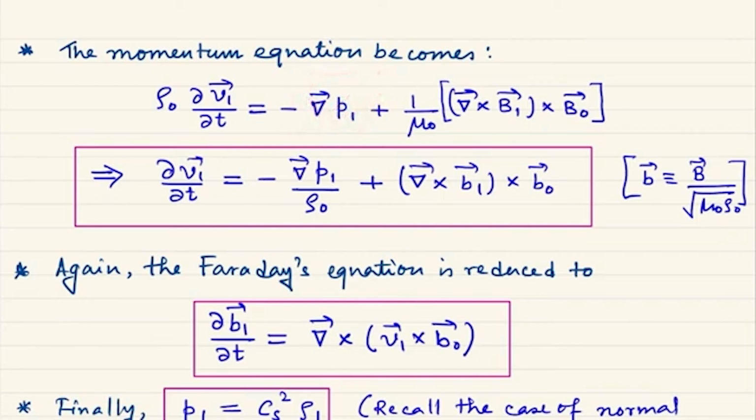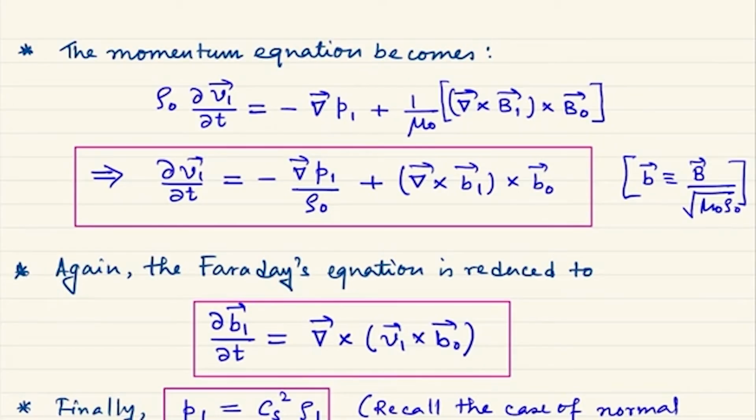Then if here you have curl of B0 and here you have B1, that is also a bit typical, because in most of the cases we have seen, the initial magnetic fields are in general uniform in space. Maybe sometimes they can have some time dependence, but curl of B0 is almost uniform in space.